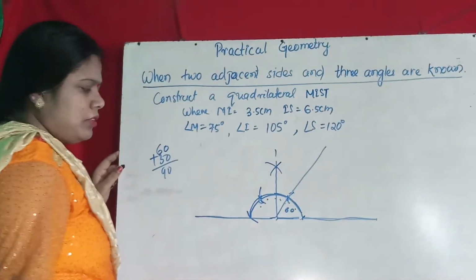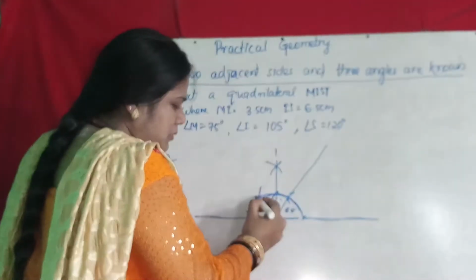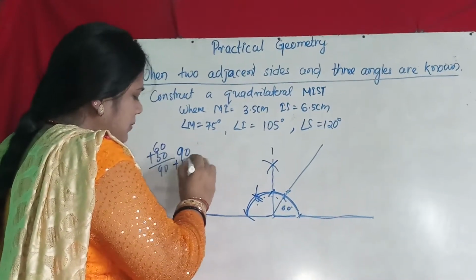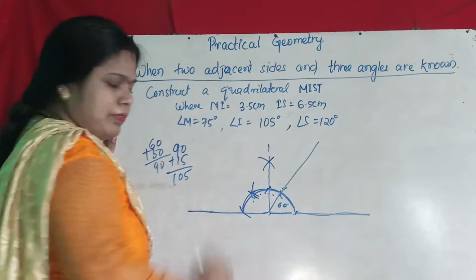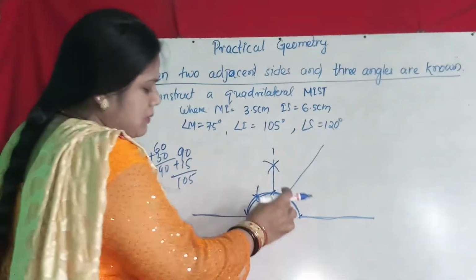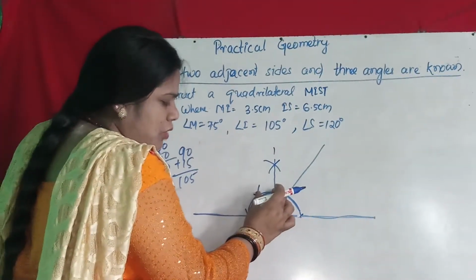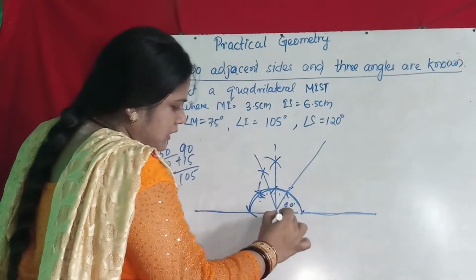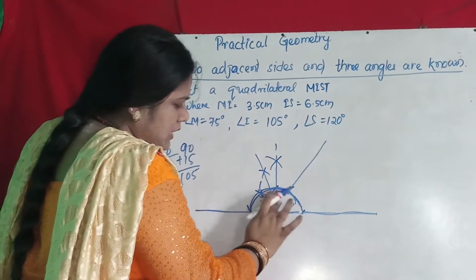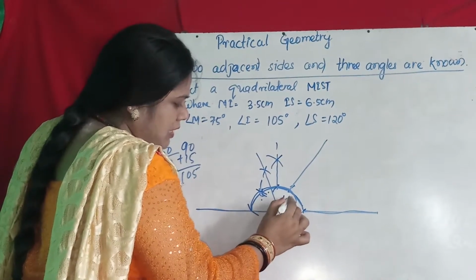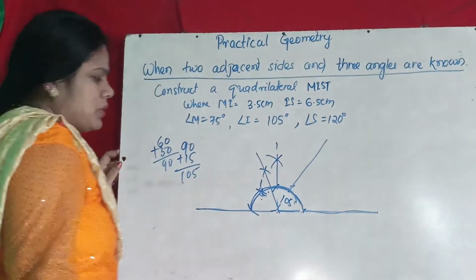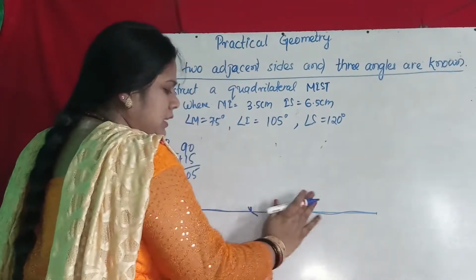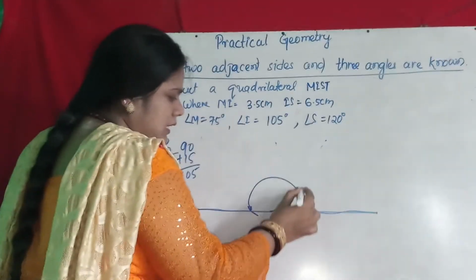105, how will you draw? This much from this to this is 30 degree. So 90 degree plus 15 equal to 105. If you make 2 parts of this 30 degree part, then in total you get 105 degree. 120 means how much? Same thing, you draw arcs, 3 parts.